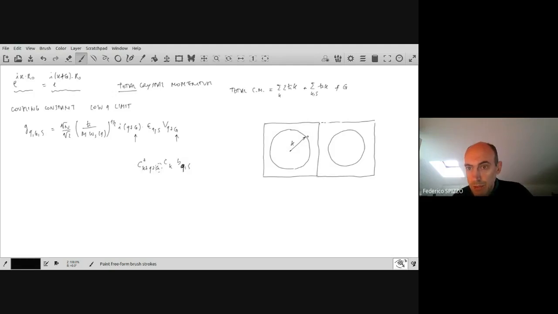So the situation is, for instance, the following one. I have that this is q. From the initial point, the electron moves in the second zone.